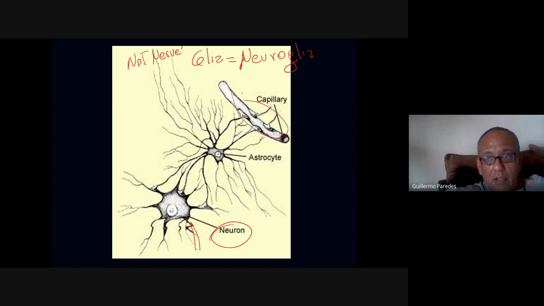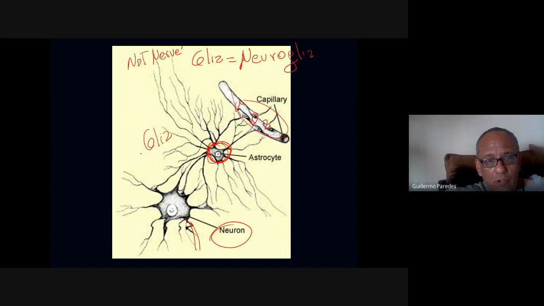Here we have a capillary, because the nerve cells need nutrition, oxygen, and other elements to survive, correct? So the oxygen and nutrients need to go to the neuron. But in between, we have one cell called a glia or neuroglia. There are different types: oligodendrocytes, astrocytes, and so on. You don't need to remember that, but there is a glia.